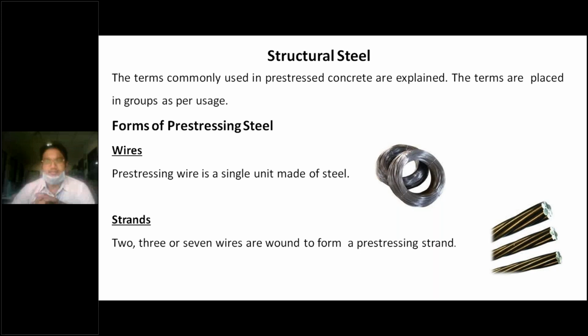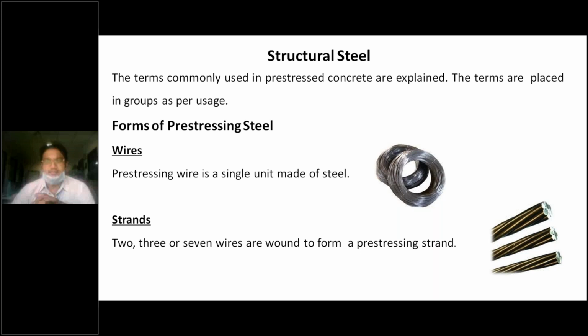Earlier it was a single wire, and when you wound the wires, it becomes a strand. There is a specific number of wires to be wound into a strand, like 2, 3, 5, 7, 9, like that.